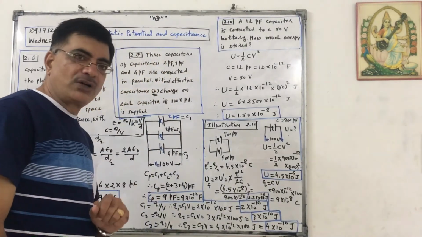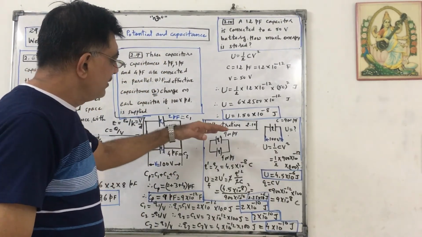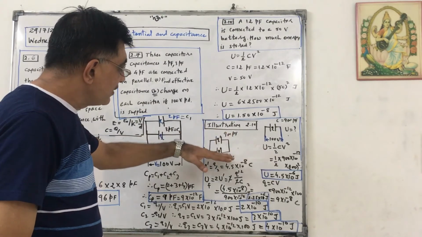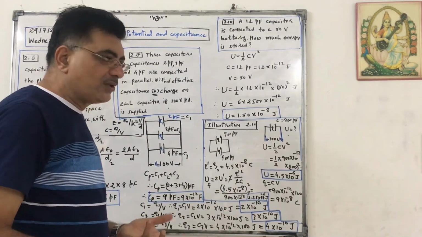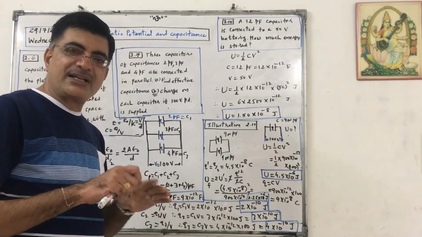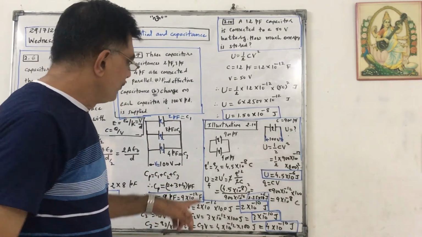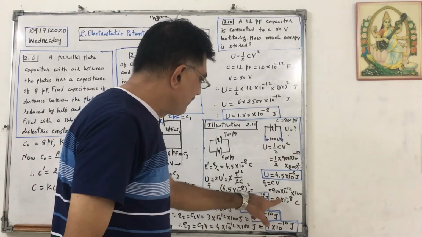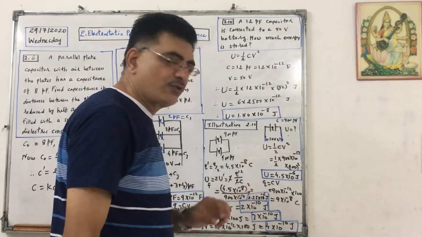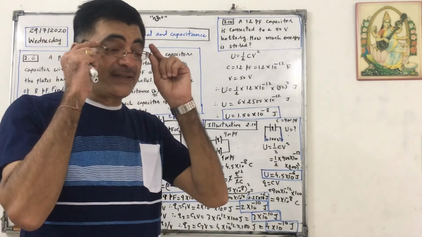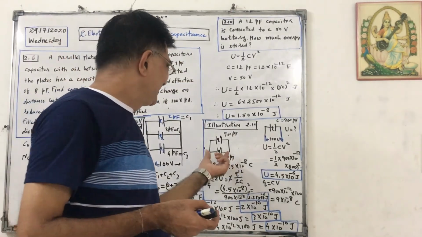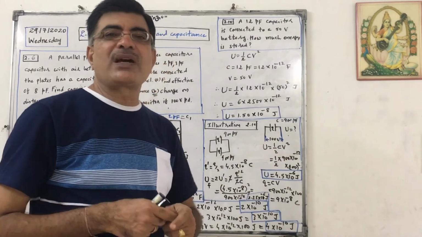Okay. Now what we have done is connected this capacitor with another capacitor having the same capacitance. We know that charge will be divided into two equal parts. So the new charge will be Q by 2, that is half of this, that is 4.5 into 10 raised to minus 8 coulomb. Each capacitor will have energy, but now we don't have the volt, so we have to use Q square by 2C.